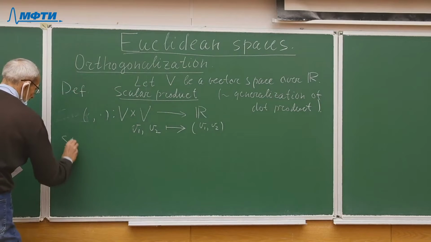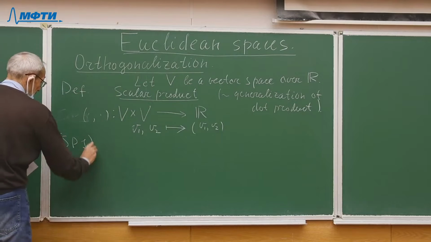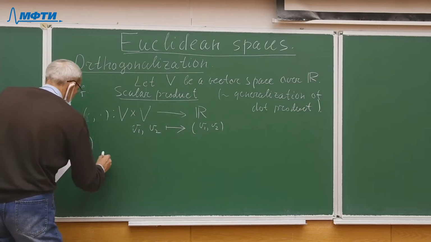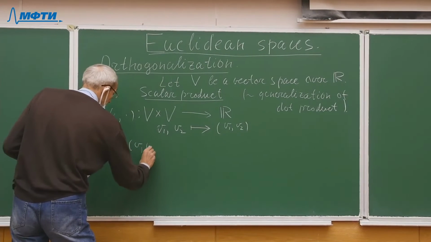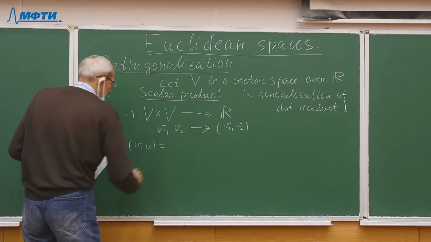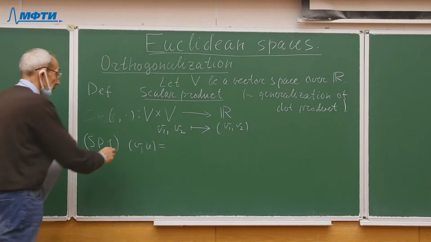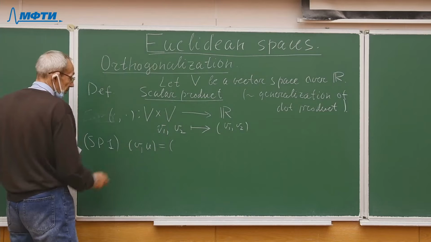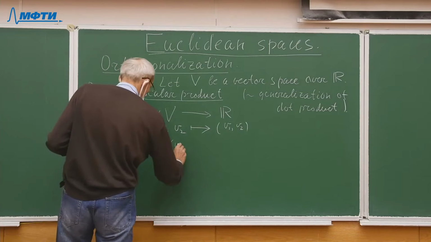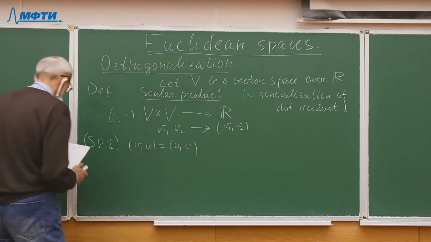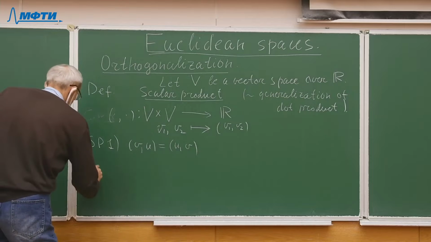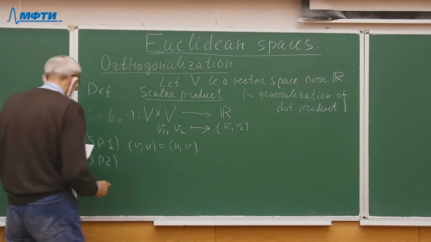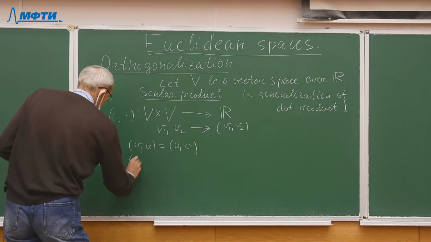First condition, the so-called commutativity. If we have two vectors v and u, then the scalar product (v, u) is equal to (u, v). Second condition, the so-called linearity condition.